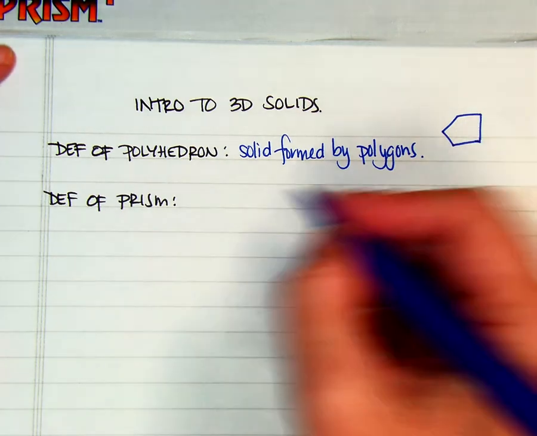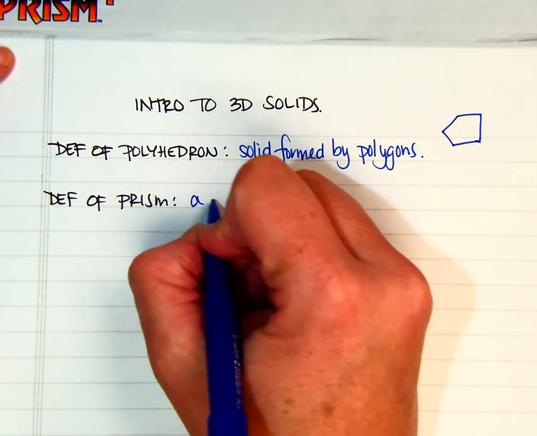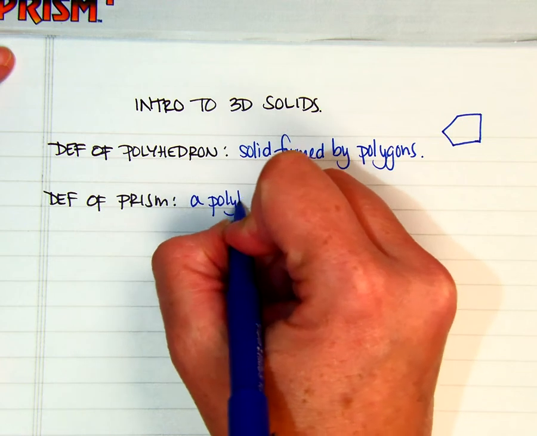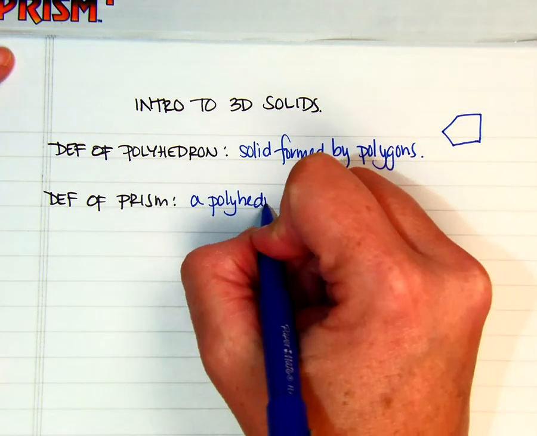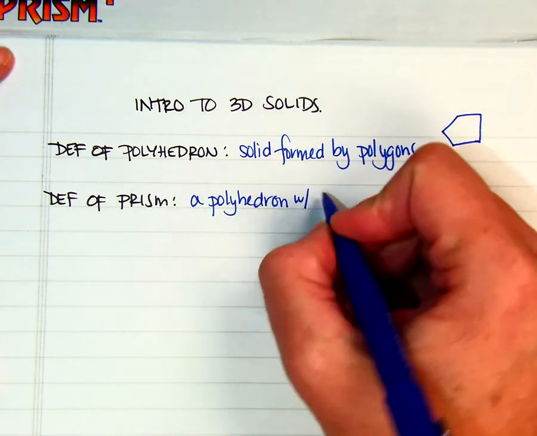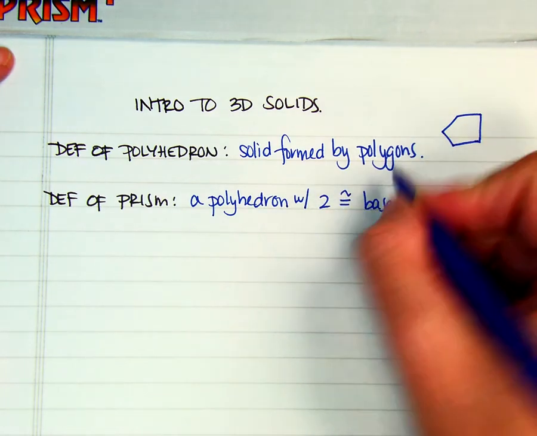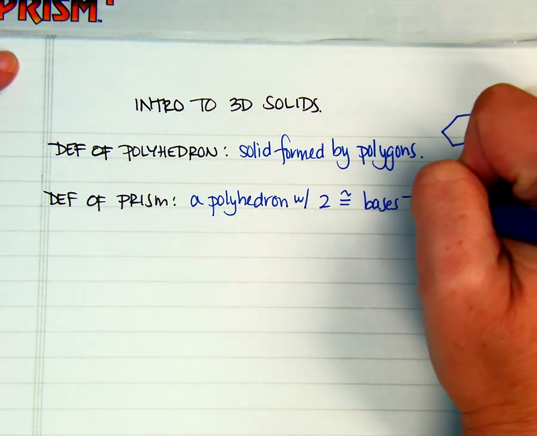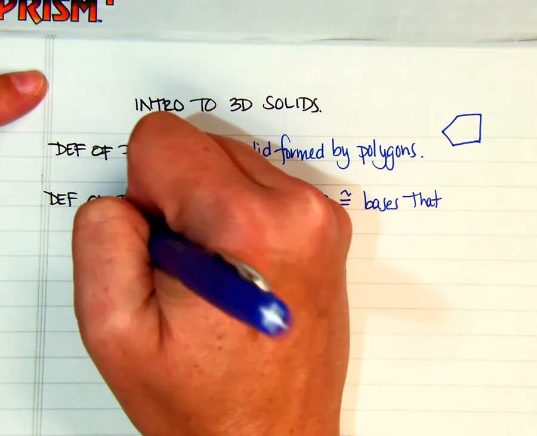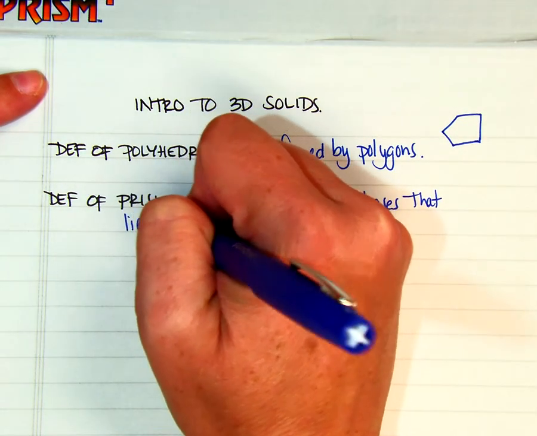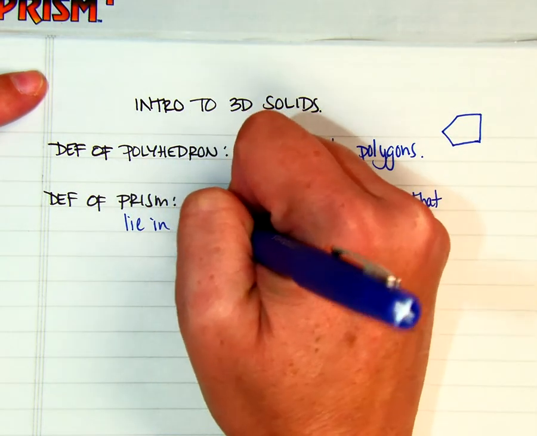Definition of prism: it is a polyhedron with two congruent bases that lie in parallel planes.